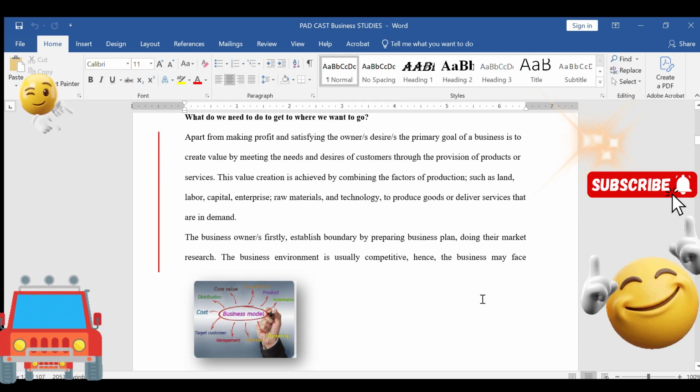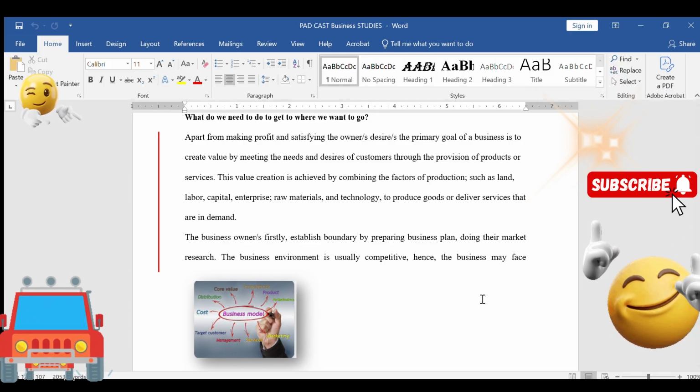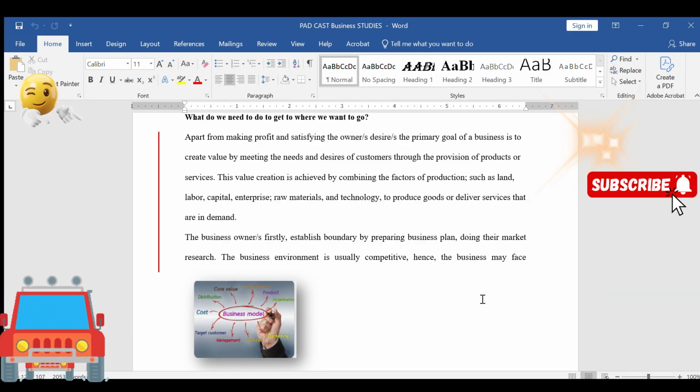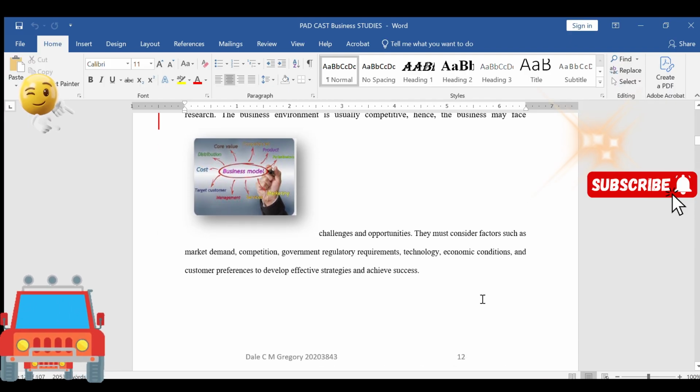The business owner firstly establish boundary by preparing business plan, doing their market research. The business environment is usually competitive, hence the business may face challenges and opportunities.